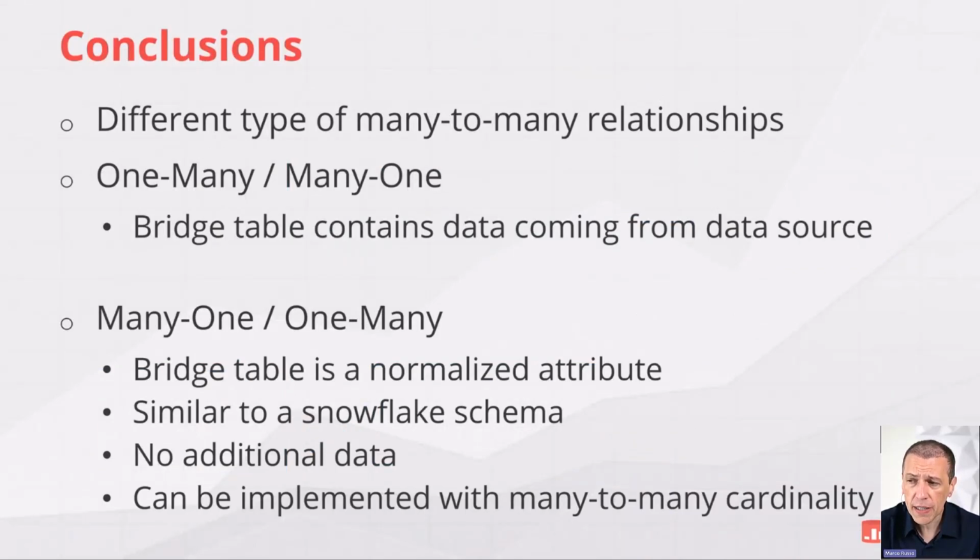So the conclusion is that we have these two different techniques: one, many, many, one, and many, one, one, many. The first one solves one modeling problem and requires a table that comes from the data source.